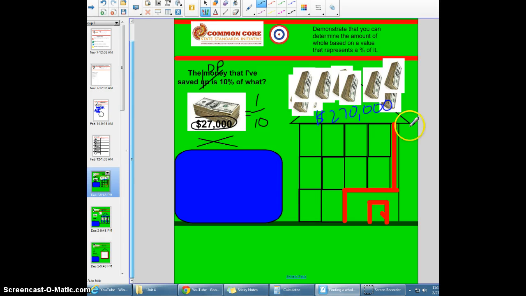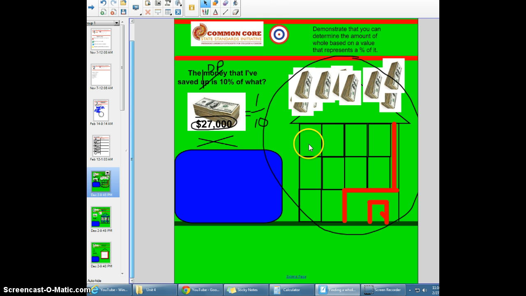This home on the right side you see here is worth $270,000. That's what 10/10 is. If $27,000 is 1/10, then 10/10 is $270,000. Now, how do we get to that answer? That's a question. Let's solve this out.